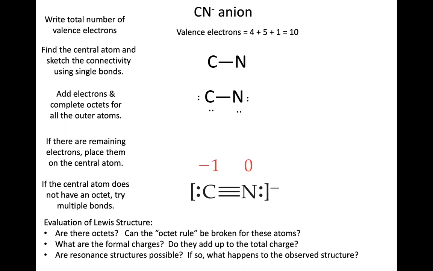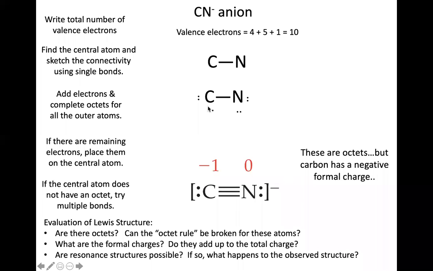For carbon, nitrogen, oxygen, and fluorine, the octet rule is going to be our absolute go-to. These are octets I see. I don't like it in terms of formal charge, but the octet rule is going to win for these atoms.